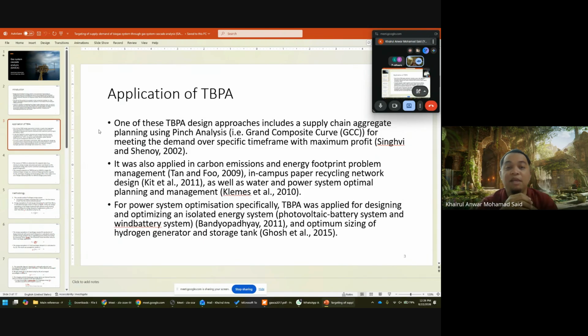One of these TBPA design approaches includes supply chain planning using pinch analysis for meeting the demand of a specific time frame with maximum profit.